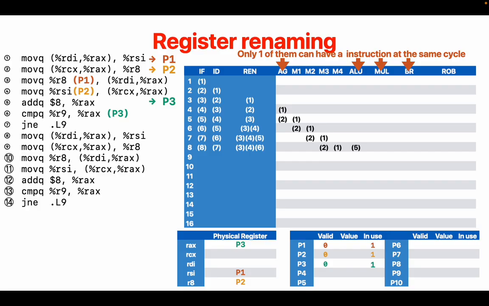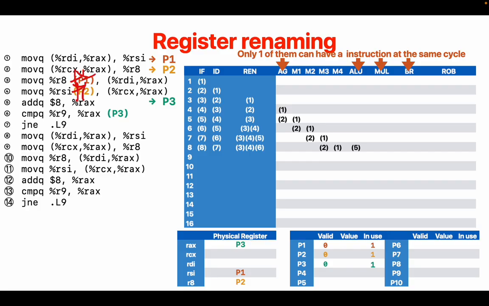Because for 3, it's depending on P1. Sorry, I think I got it wrong. So for 3, it's depending on P2 instead of P1. Right? So this should be P2, this should be P1, right?